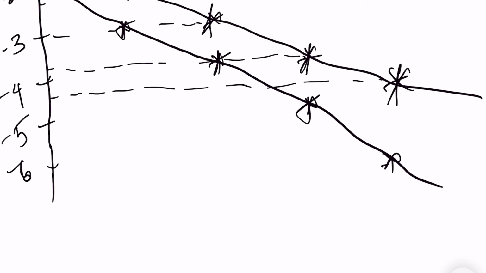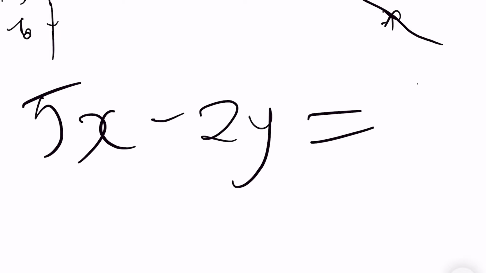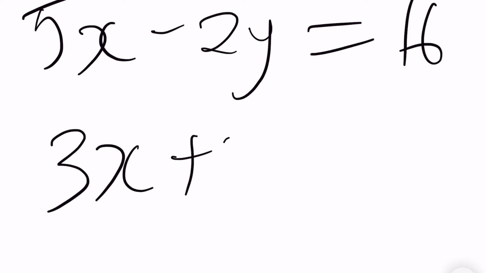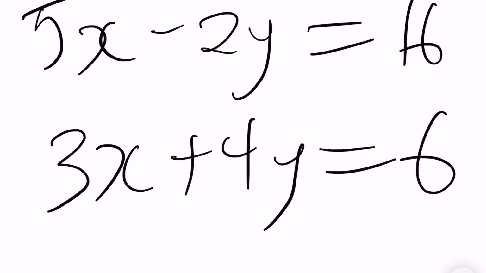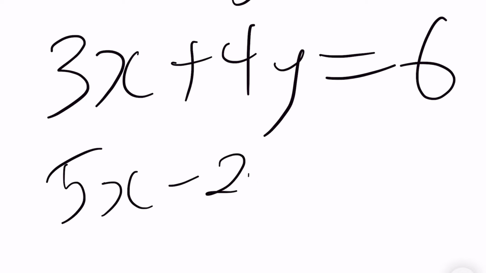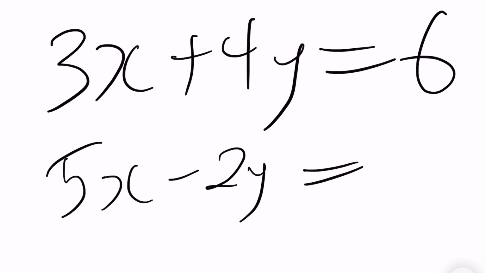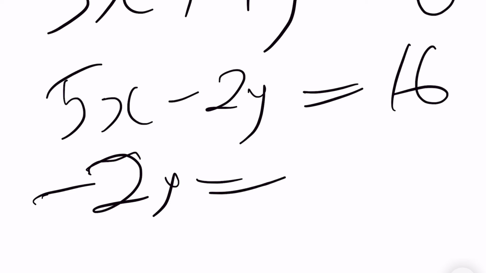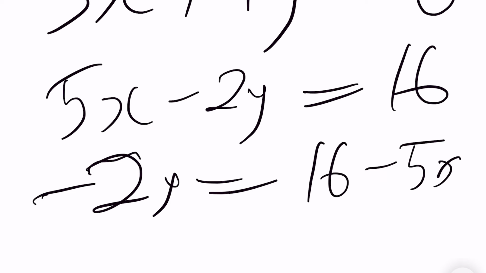Now for the third simultaneous equation, we have 5x minus 2y equals to 16. We have 3x plus 4y equals to 6. So we have minus 2y equals to 16 minus 5x.